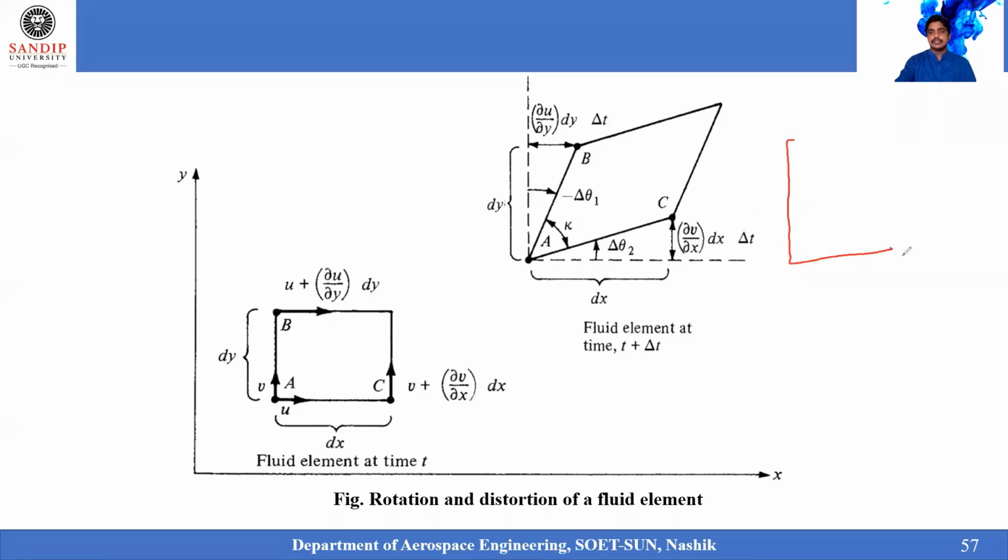Currently we are considering the xy plane, so the angular rotation along this plane is given by the average of the angles made along that direction. So that is delta theta 1 plus delta theta 2.